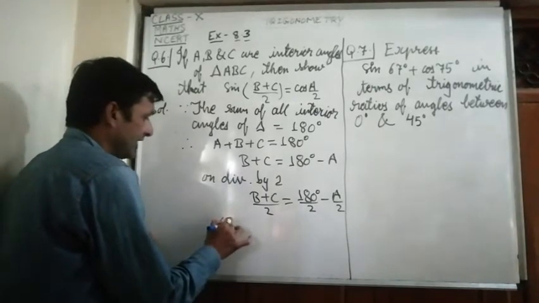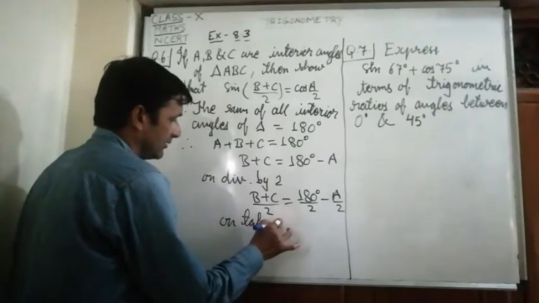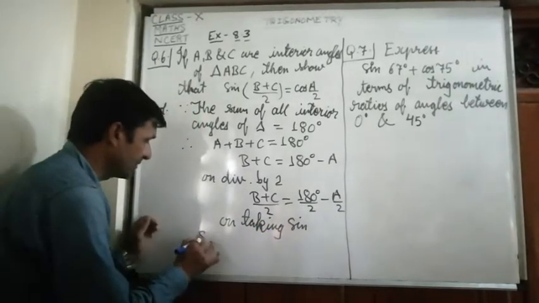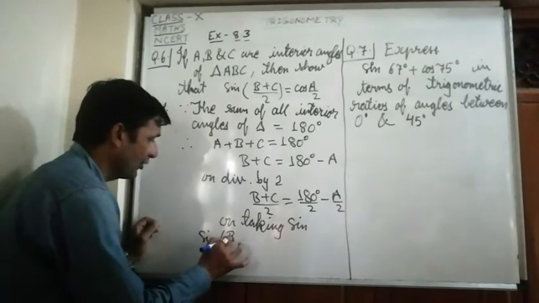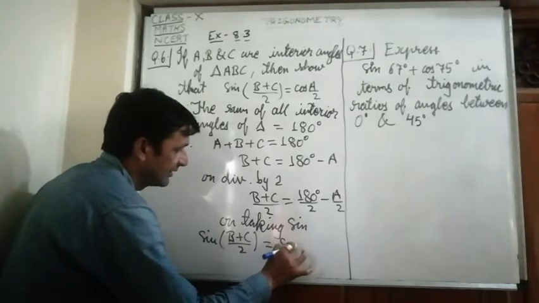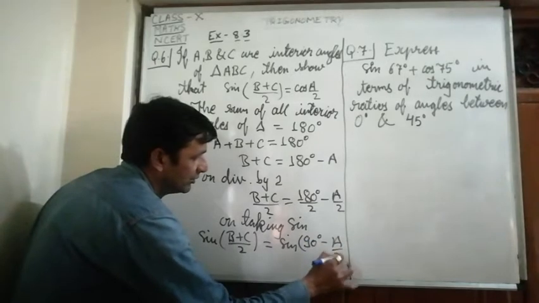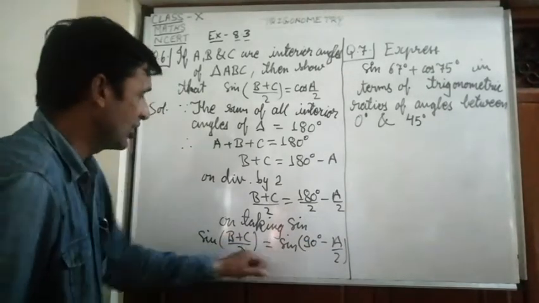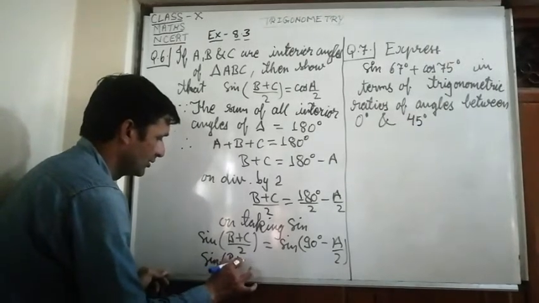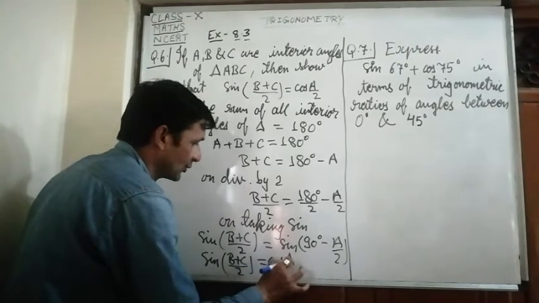Now on taking sine of both sides, this will become sine (B plus C) upon 2 is equal to sine (90 minus A upon 2). So sine (90 minus theta) is cos theta. So sine (B plus C) upon 2 is equal to cos A upon 2.